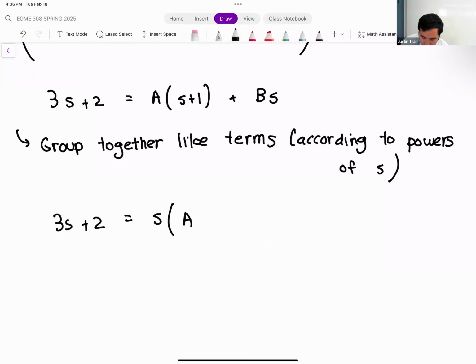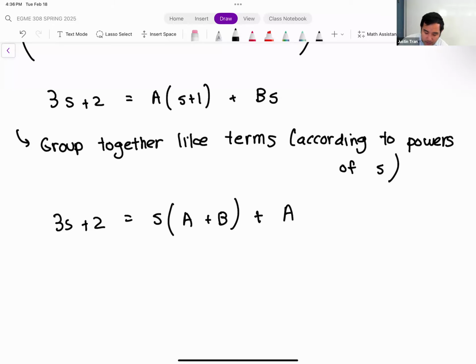Okay. We have two of them here. So we have a times s, and then plus b times s. Okay. So the s terms are just a plus b. And then the other term that we have on the right-hand side are just the constant terms. So we only have one, which is just plus a by itself. Okay.